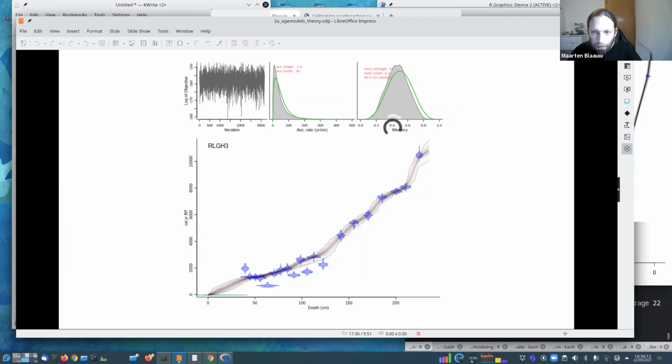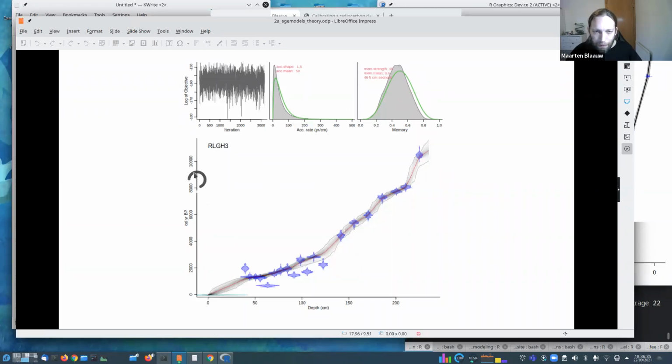Or it can be very close to 0, where there's hardly any memory. So whatever happens further down a core or up a core doesn't affect what happens elsewhere. So this is the prior information we set on the accumulation rate and its variability or memory. And that then sets the model. Okay.